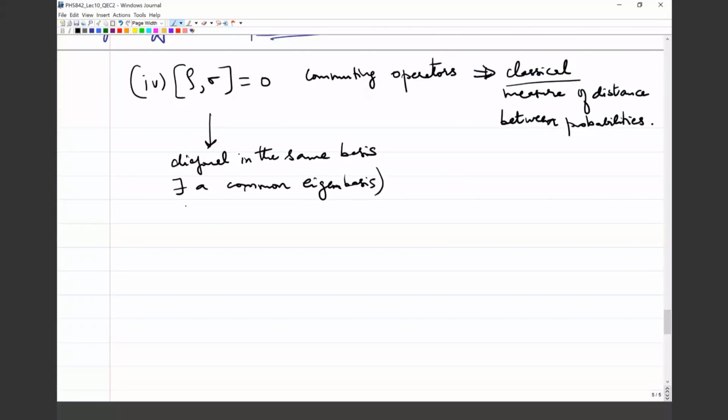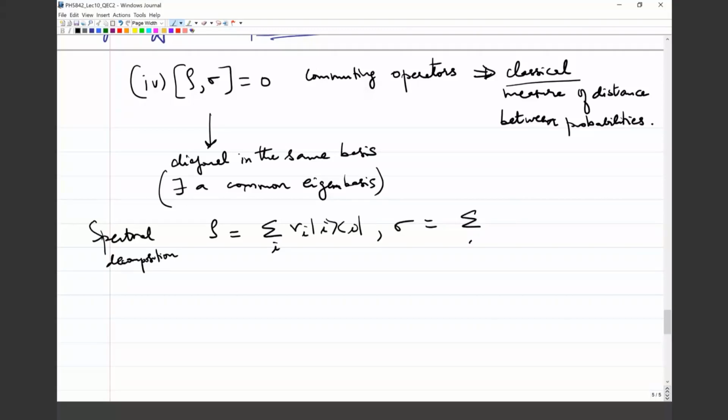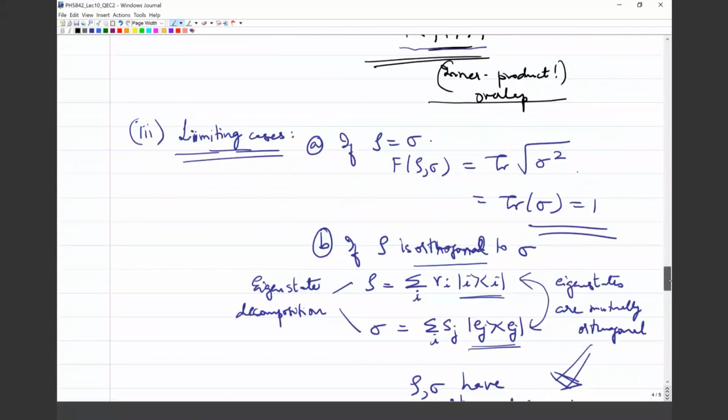So I can now write the spectral decomposition, or the eigenstate decomposition, as a sum over i of R_i |i><i|, and this is diagonal in the same basis with different eigenvalues presumably, but it's the same basis. I don't have to look for two different bases like I did in the case that they were mutually orthogonal, right?